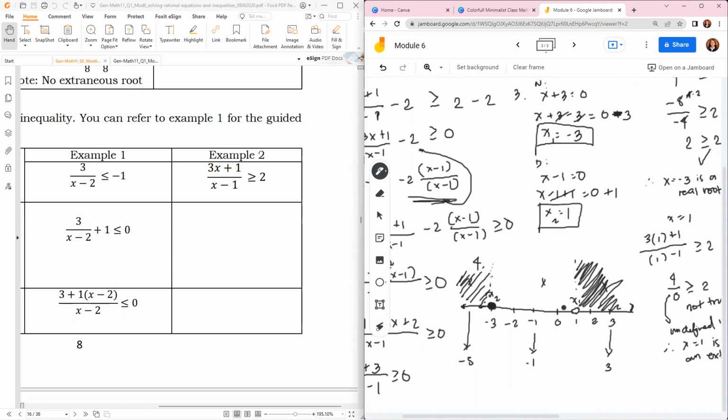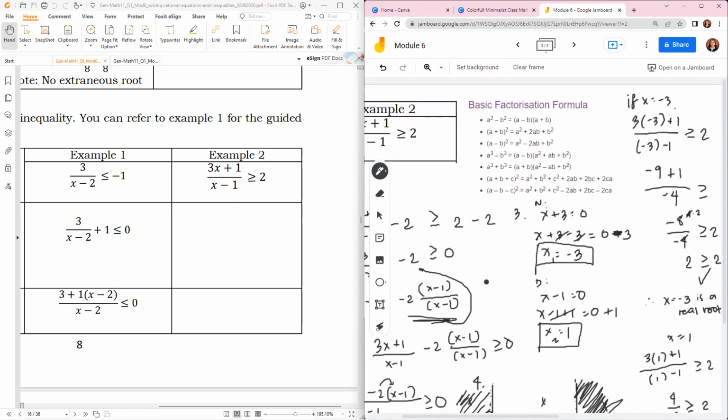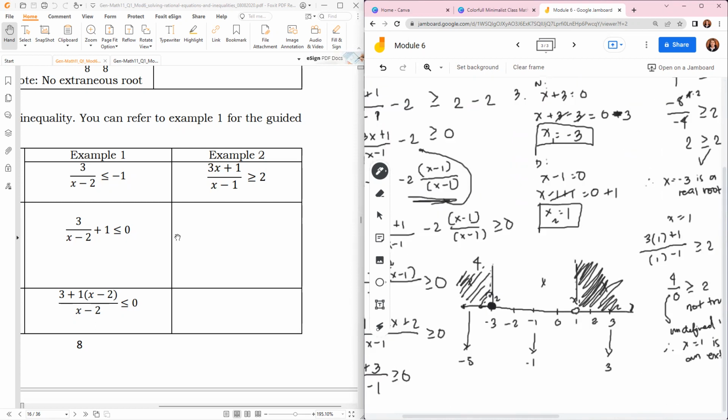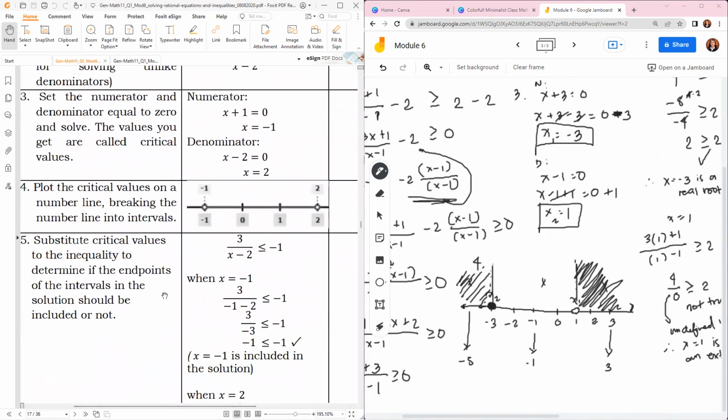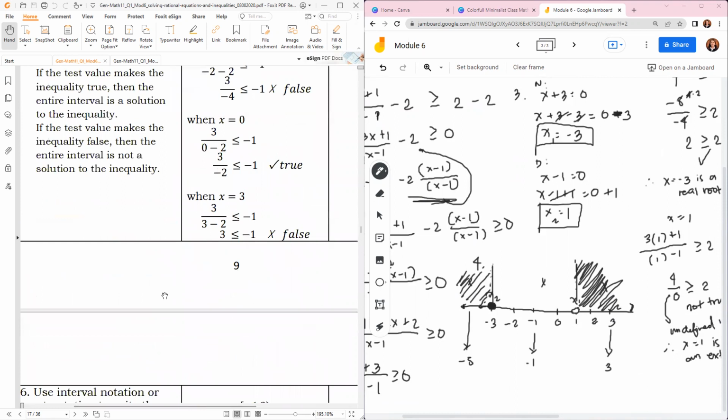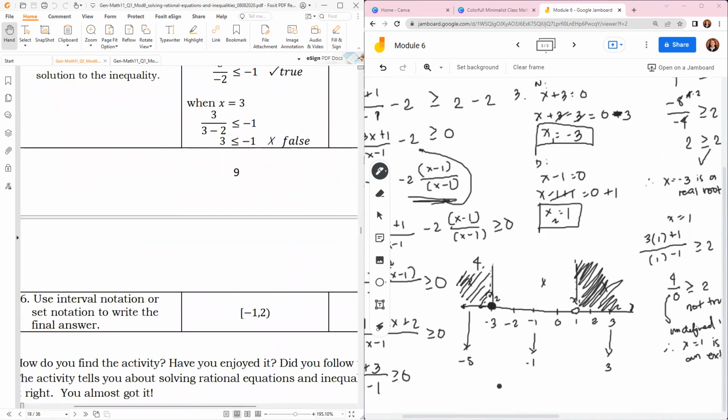So mao ni siya ang plot sa itong solution sa itong inequalities. This is what we are going to present. So for the final answer, we use the interval notation to write it.